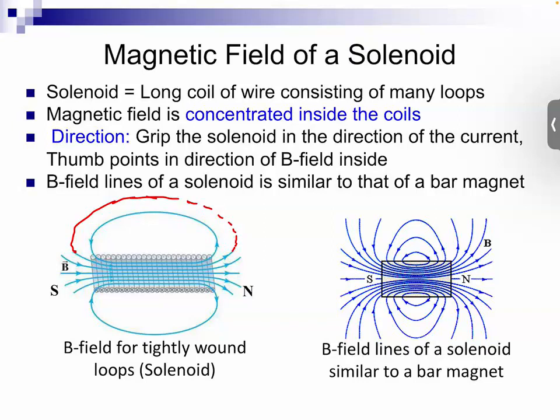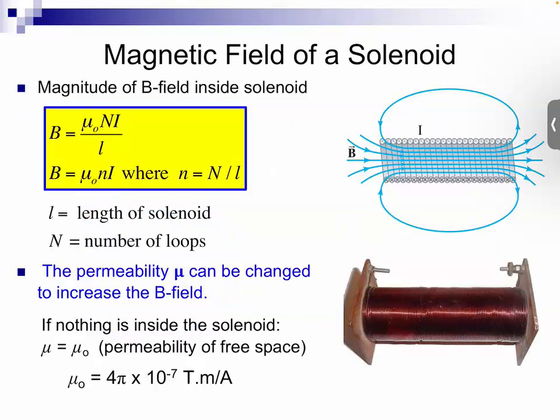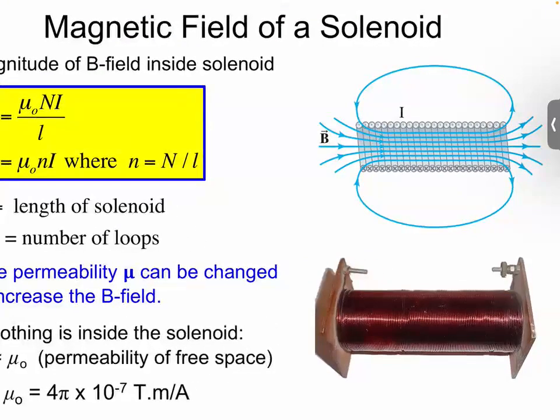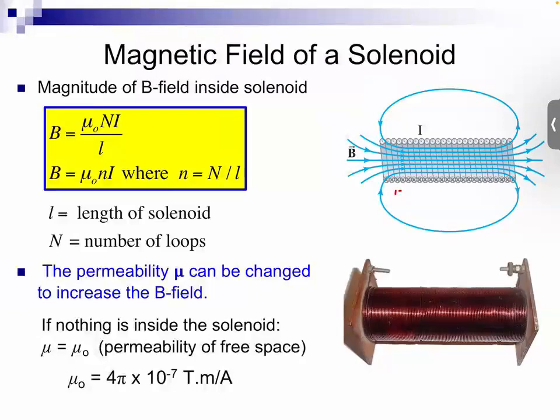Right. Okay, and last time we saw this equation for a solenoid. The magnetic field is equal to mu naught N i over L, where N is the number of coils or number of loops of wire. So each coil here, that's N equals 1, 1, 2, 3, and so on.